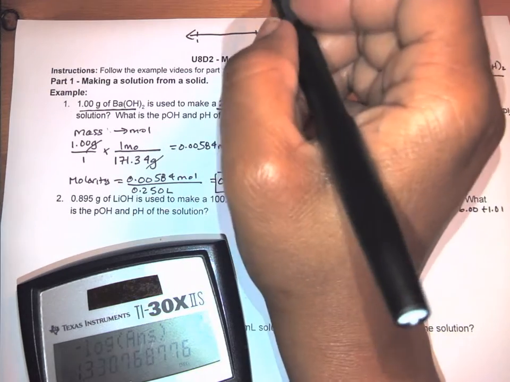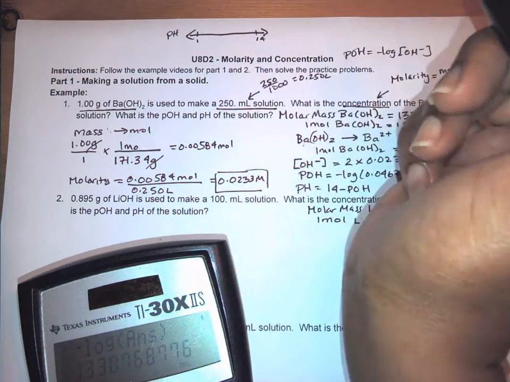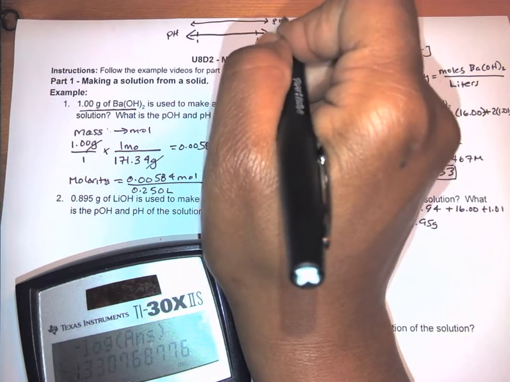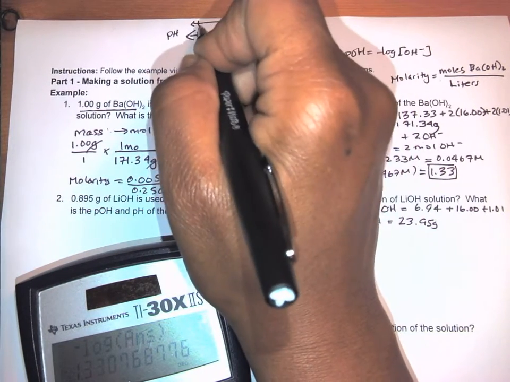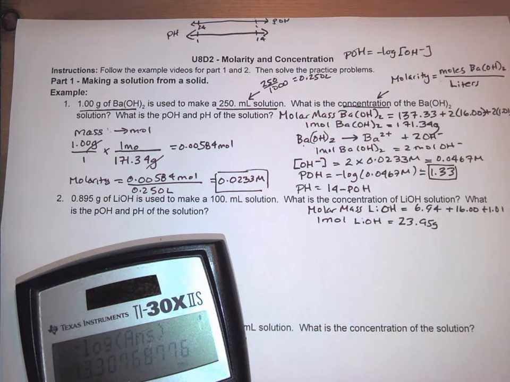If this is the pH scale, the pOH scale would be the inverse: this is where the 14 is, and this is where the 0 is. They work opposite to one another.